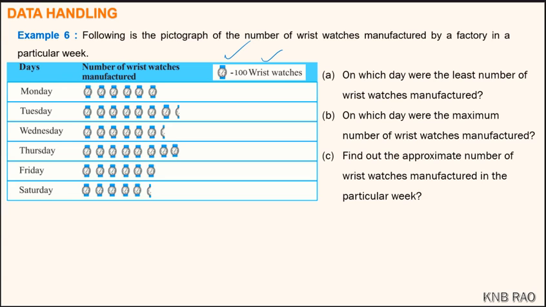See children, you could do this by counting: on Monday 600 and on Tuesday maybe you can say 750, like that. You count them and then total them, you will get the total number of watches manufactured in that week by that factory.